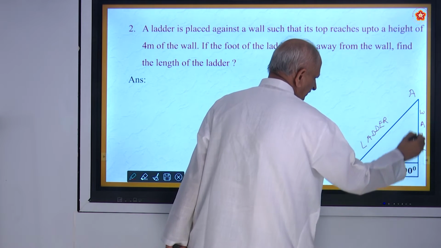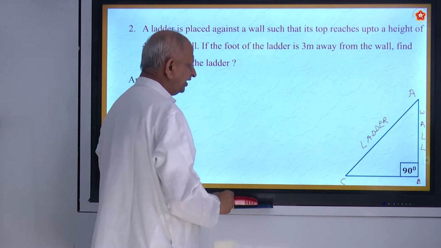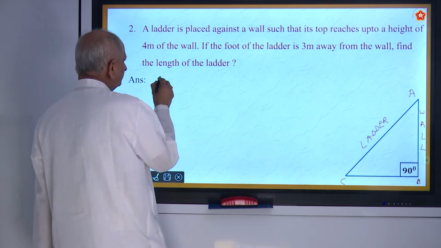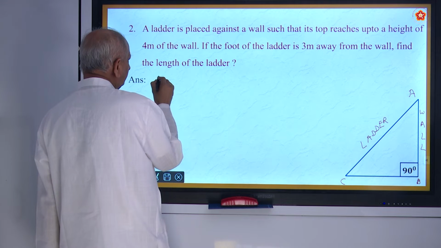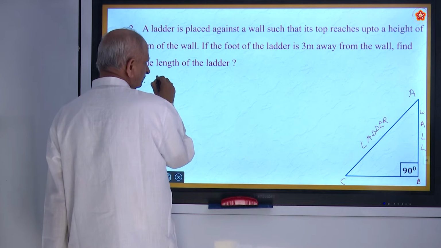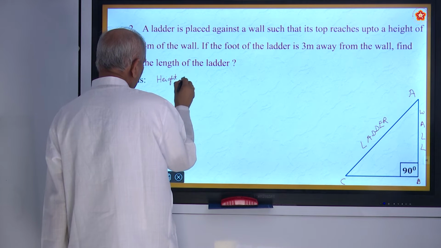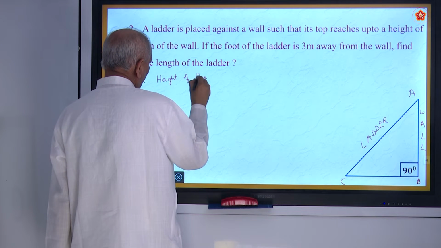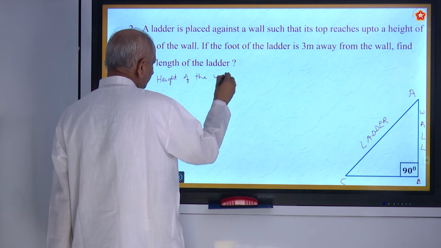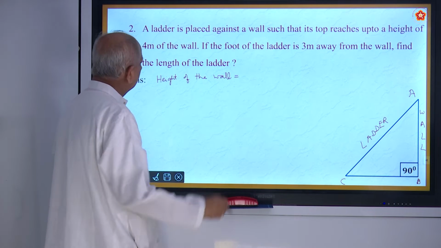Here A, B, C. So AC is the ladder. The height of the wall where the ladder reaches is how much? 4 meters.